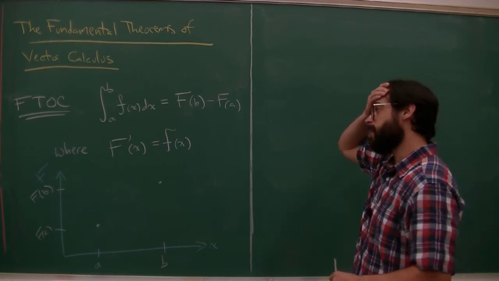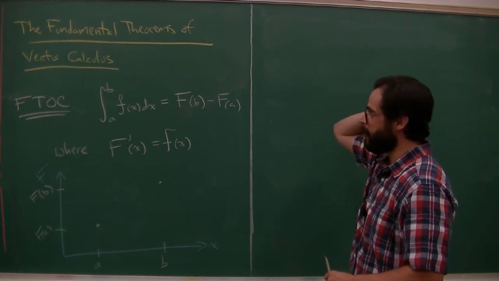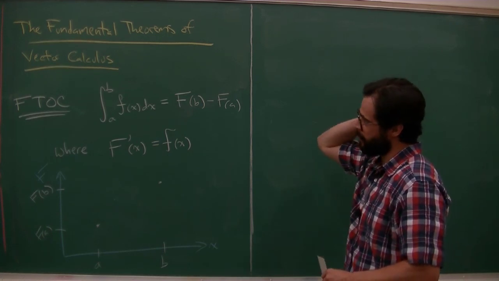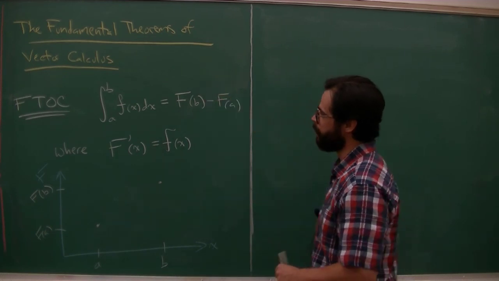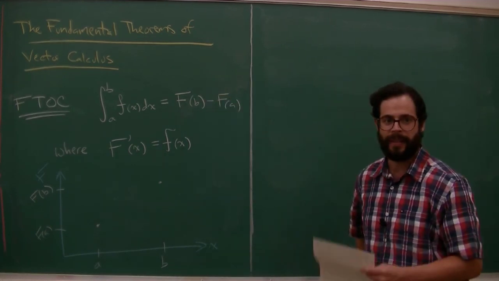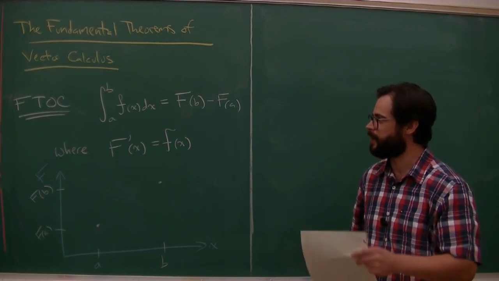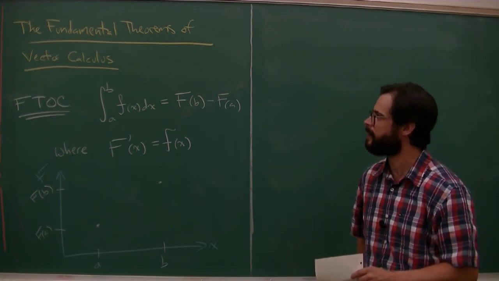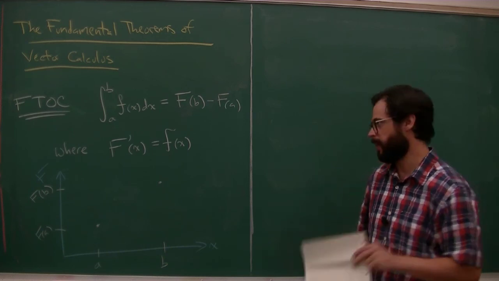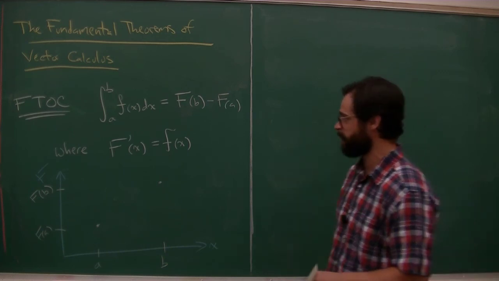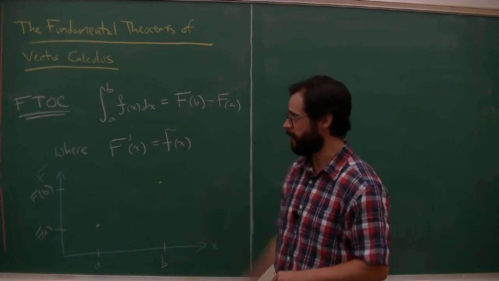But first, a little bit of philosophy. Gauss, divergence, or Stokes, they're kind of the fundamental theorems of vector calculus in the sense that they relate endpoints to internal behavior of functions. As a reminder, the fundamental theorem of single variable calculus is basically the relationship between integrals and derivatives.